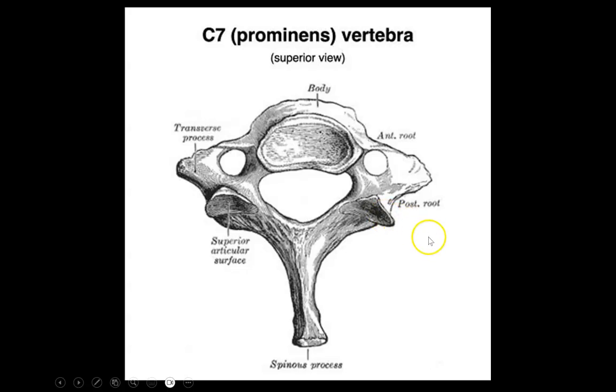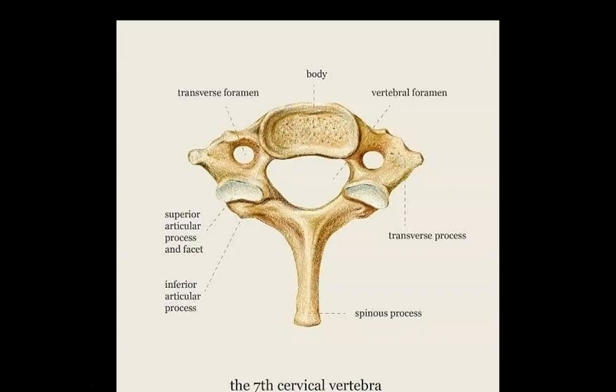Here is the difference: it is a long spinous process, it is not bifid, and you feel it under the skin. Also, the foramen transversarium is smaller than the others, transmitting only the vein, not the vertebral artery. Another view: canal, vertebral body, lamina, spinous process.